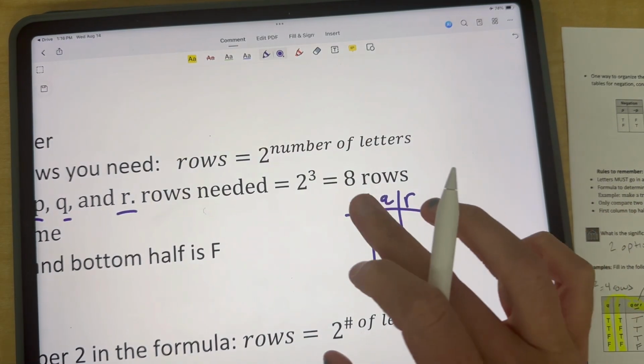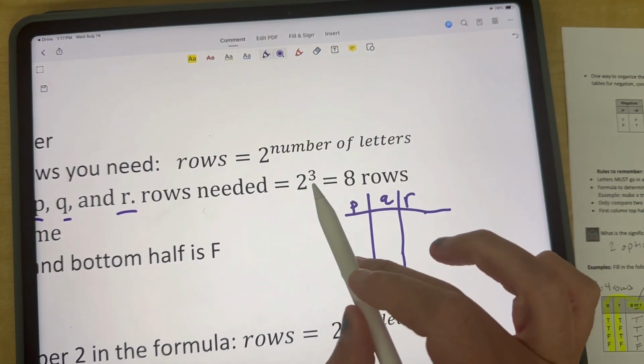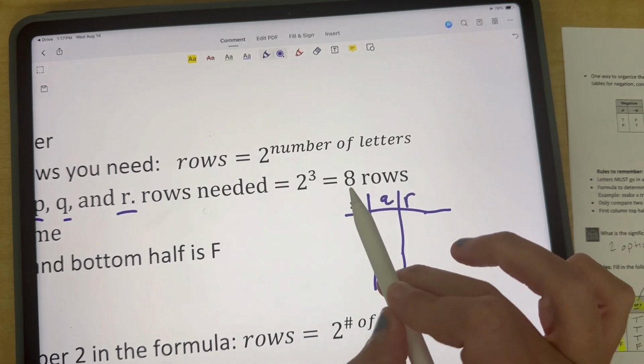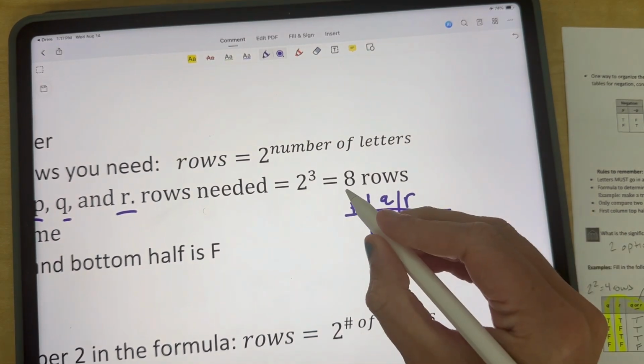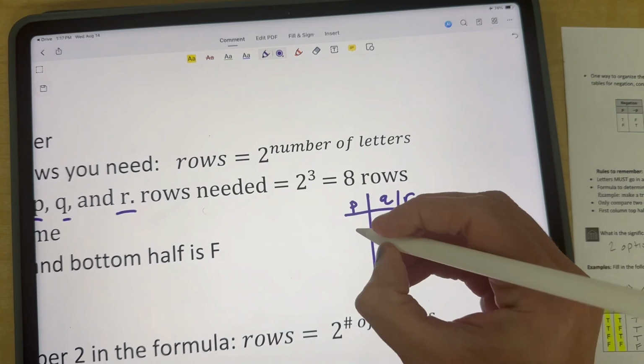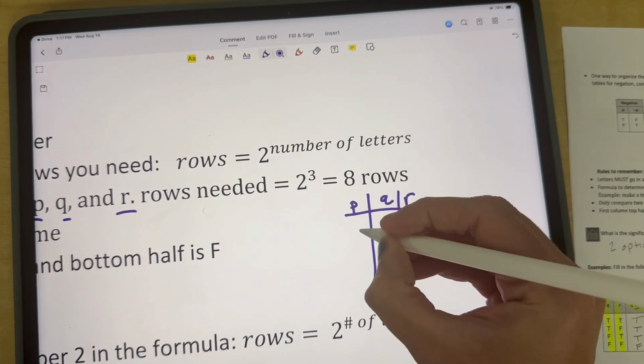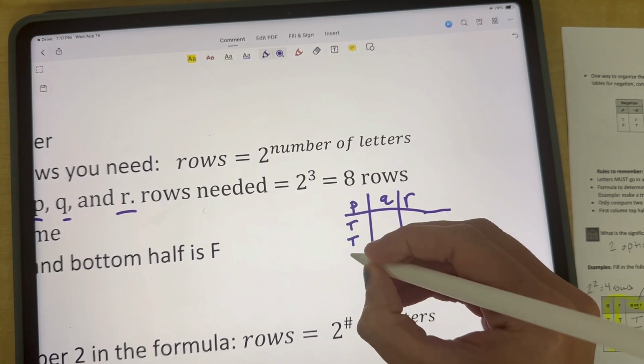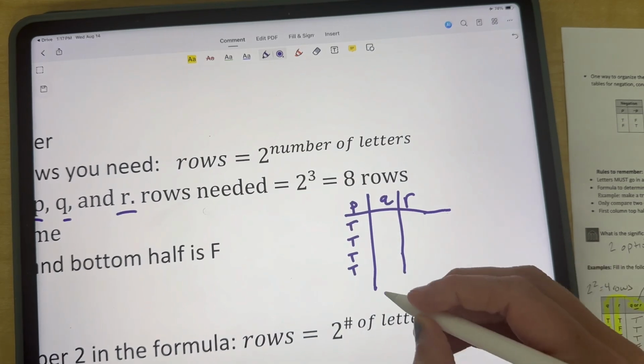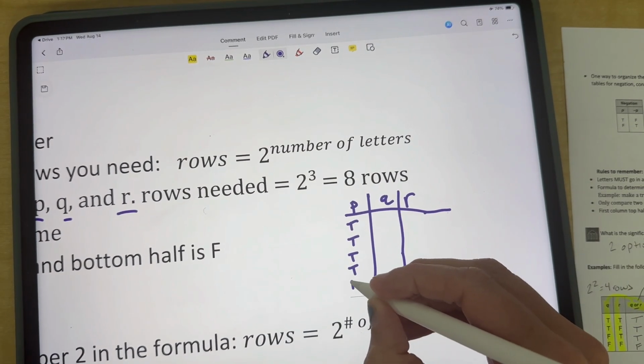It's not 2 times 3, it's not 6. It's 2 times 2 times 2. The top half of the 8 rows are going to be true. Half of 8 is 4, so you would do 1, 2, 3, 4. The bottom half would be all F's.